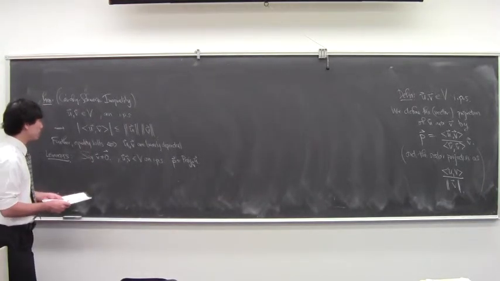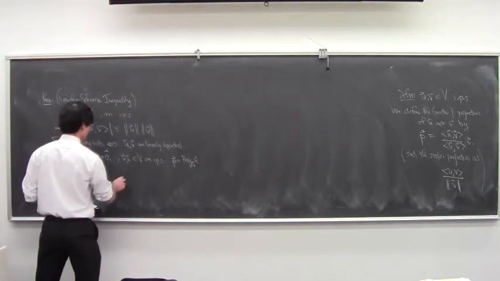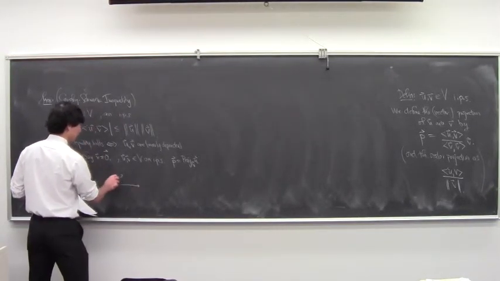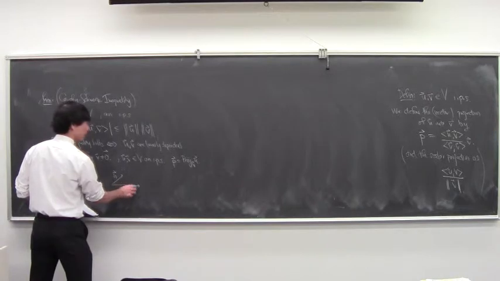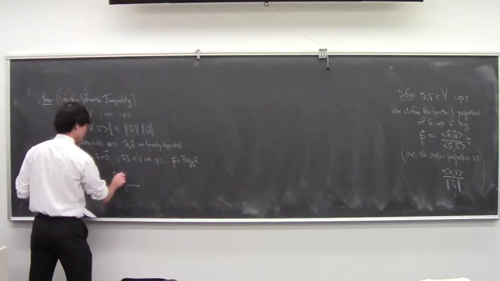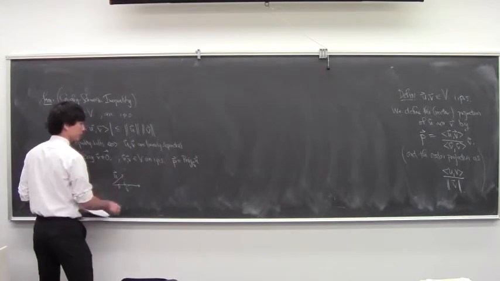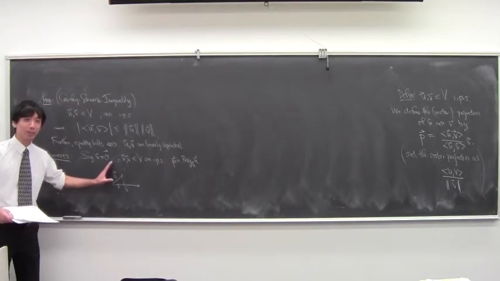Okay. So you have some U, you have some V. P is the projection of U onto V. Except that this picture doesn't exist.